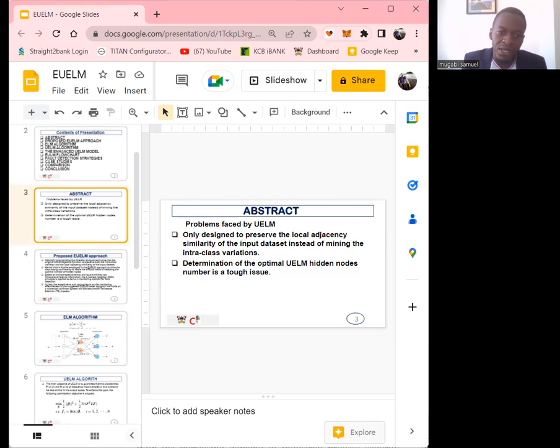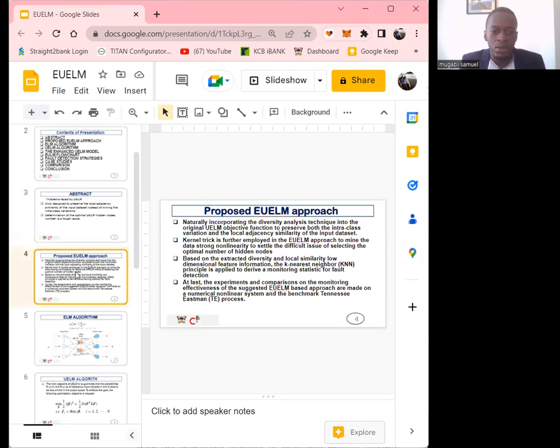We're going to be talking about hidden nodes later. It is a tough issue. And this paper is mainly showing how we shall enhance these unsupervised extreme learning machine methods so as to better approach these problems.